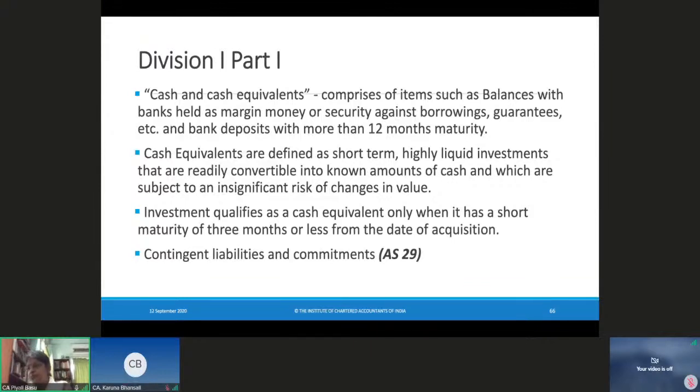Trade payables, of course. Total outstanding dues to micro and small enterprises, MSME, you have to classify here also. Please keep that in mind, whether it is in the long term: if you have not paid something to the MSME and it is decided to be paid after 12 months, keeping aside the legal requirement of the MSME Act, we have to disclose it separately along with the interest that is to be paid to the MSME vendors.